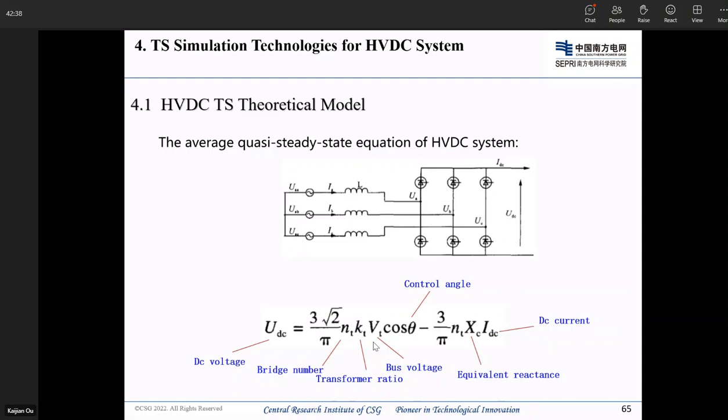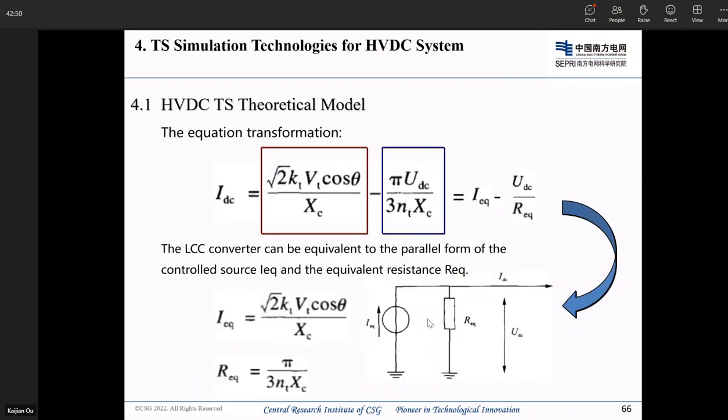So the TS program uses this to calculate in the software, and this current is calculated like this, IDC like this, also the resistance is like this. So you can see it's very simple in the TS software. The TS software HVDC model is a little simple.